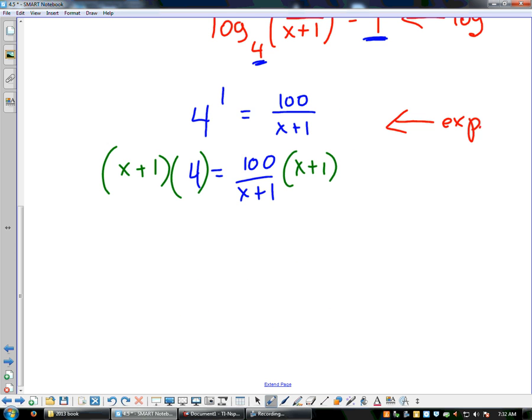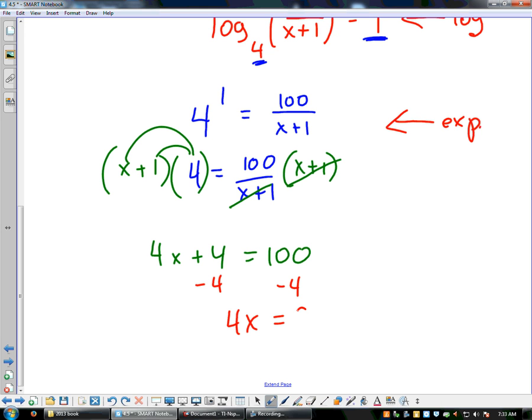And I get 4x plus 4, if I distribute here, equaling 100, because the x plus 1's divide out, and I solve this the rest of the way. Subtract 4, I get 4x equals 96, and divide by 4, and x turns out to equal 24.